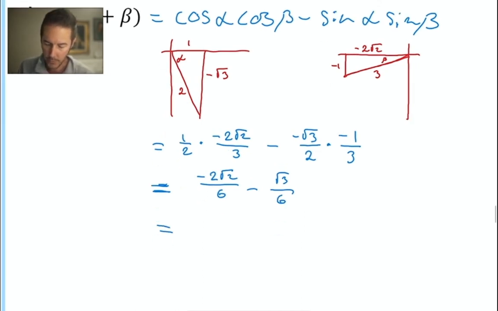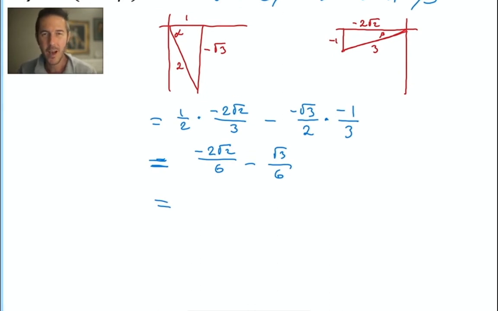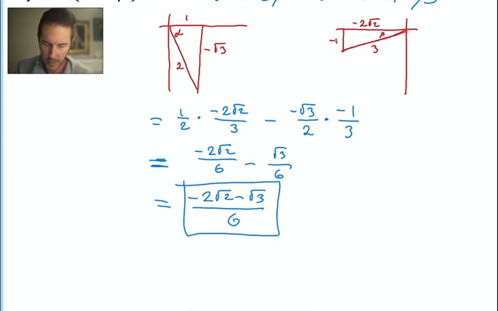Now we can put our numerators together, and there isn't really a common factor that we can take out like we were doing with those root 2's earlier. I think we can just write this as -2√2 minus root 3 all divided by 6. I think that's a very reasonable final answer.